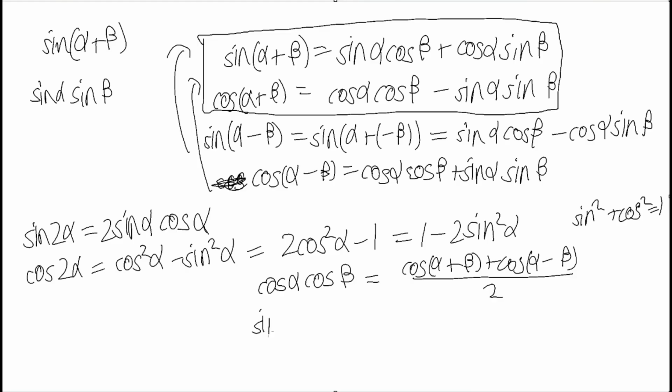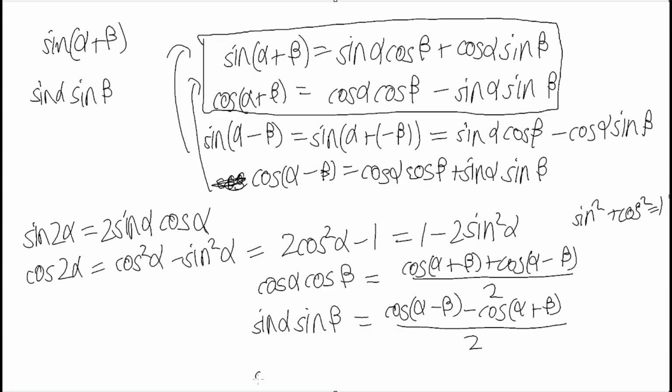And likewise, sine alpha sine beta is equal to, now we want to single out this term here. So we can do this one here minus this one here, because then the cosine alpha cosine beta cancel out. And with that, we get cosine of alpha minus beta minus cosine of alpha plus beta all over 2.